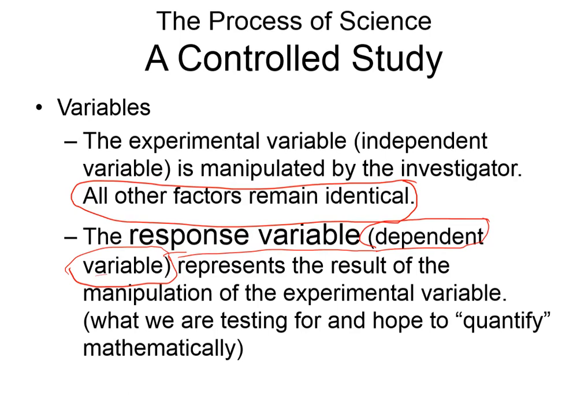For example, in the above case, if you change the medicine for weeks and weeks, and the people come reporting to you, I think I'm getting less sick. Your independent variable was the medicine you are giving them. Now, when they tell you that I think I'm getting less sick because of that medicine, getting less sick is a response variable or a dependent variable, because getting less sick depends on the medicine.